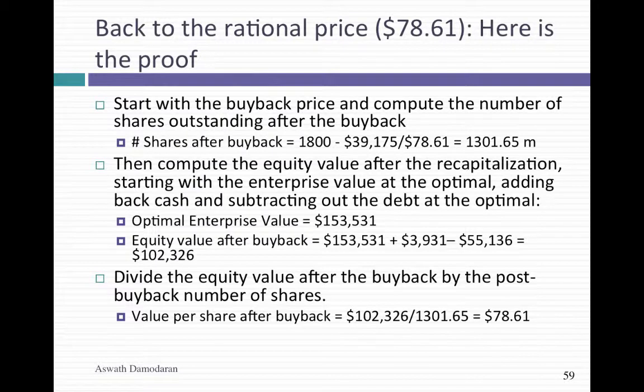If you go back to the rational price, you'll notice a little bit of a proof arises. It turns out the proof is based upon the notion that the $78.61 price leaves everyone equally well off. You could try a bunch of different prices and look at how the value gets apportioned between groups.